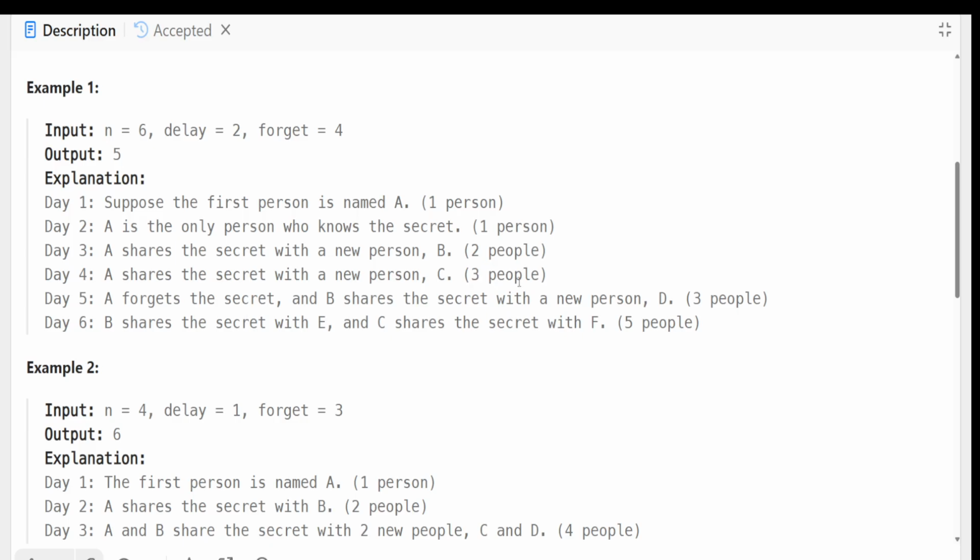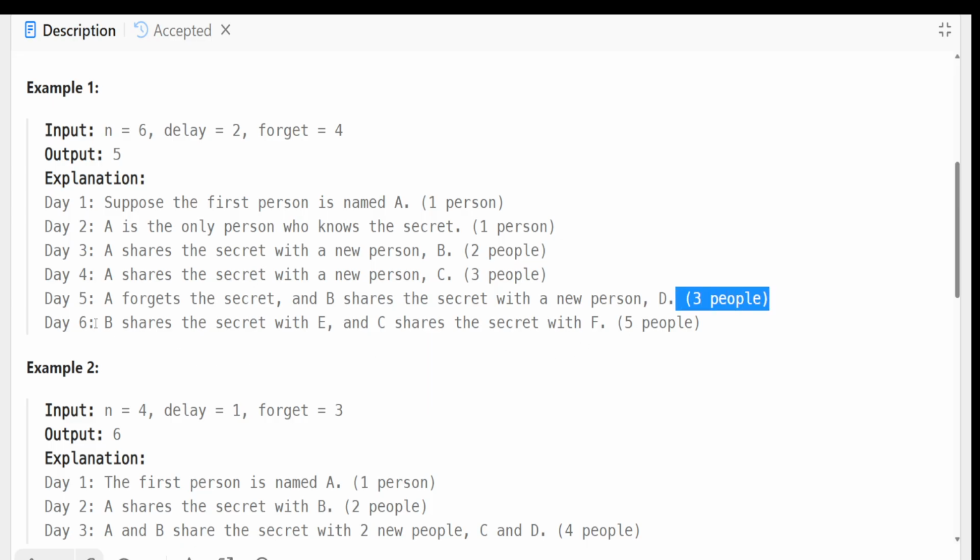Okay. So the intuition is that each day, right, the number of new learners is equal to what? The number of past learners who are old enough to share but haven't forgotten it. So that we have to take care of. As you move ahead, A forgets the secret, B shares the secret with the new one, D, and we are getting the value.